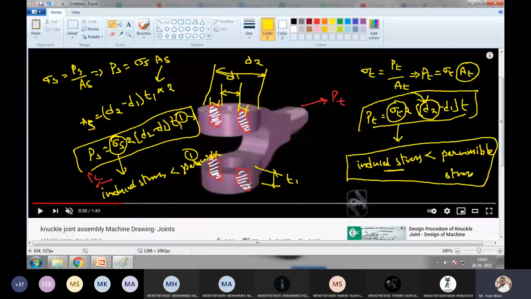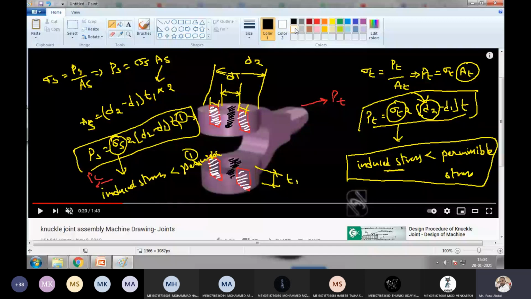I'm drawing the crushing area with hashed lines on the inside surface of this hole. The hashed lines are inside of the hole, Babu, don't get confused. So the crush area is D1 into T1.